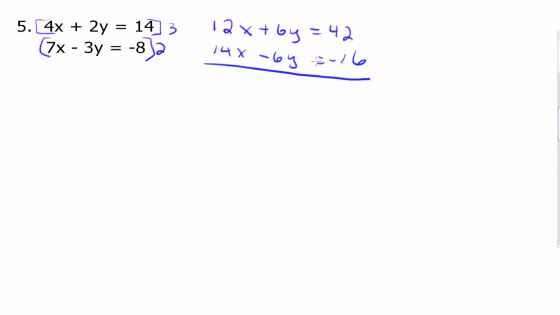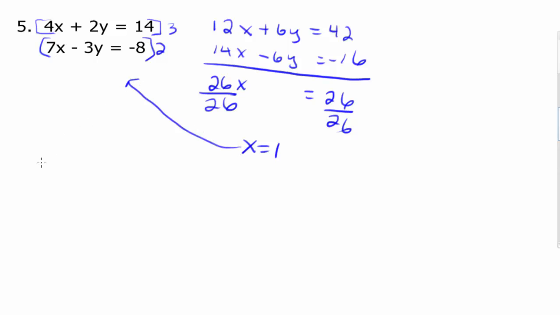Now we just do like we've done before. This becomes 26x, these cancel, and this also becomes 26. And you can use your calculator. Divide by 26, x equals 1. We like it when it equals 1. Then you can plug it back in. Again, it doesn't matter which one.